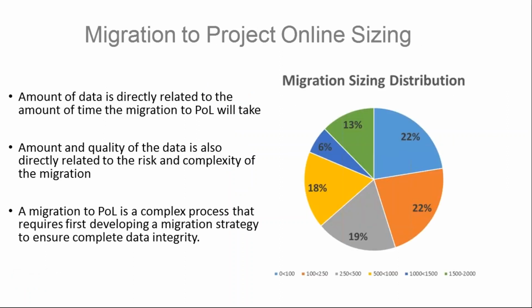So just some perspective in terms of sizing where we are, and this comes from about a year's worth of data of sizing questionnaires that we collect. You can see that 44% are what we would call small to small medium migrations, so under 250 projects that have to be migrated.